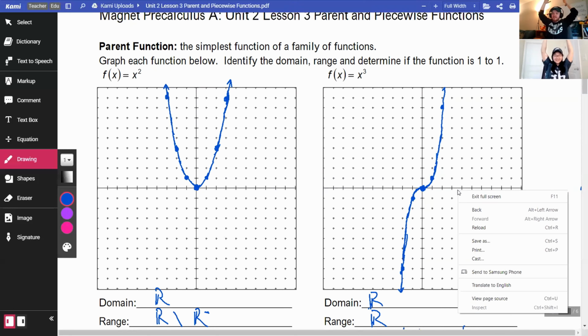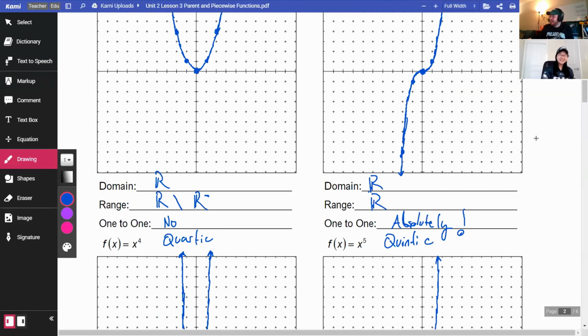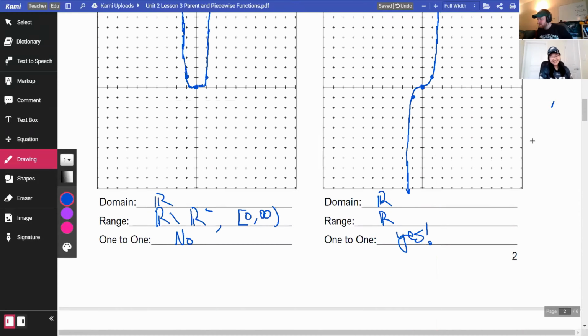What's to the 7th? Now do it all at once. Ready? 1 and 2 and ready. Here we go. Now you're reflecting it. Wow, it's getting advanced. Wait, I was doing this. I was not doing this. I should have been doing that. All right, I digress. Let's move on.